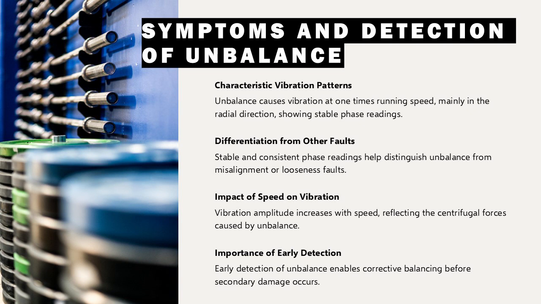As speed increases, vibration amplitude rises significantly, reflecting the centrifugal nature of unbalance forces. These predictable symptoms make unbalance one of the easiest faults to detect using vibration monitoring tools. Early detection allows corrective balancing to be performed before secondary damage occurs.